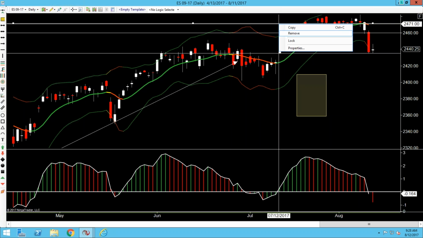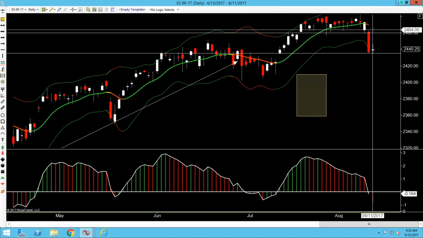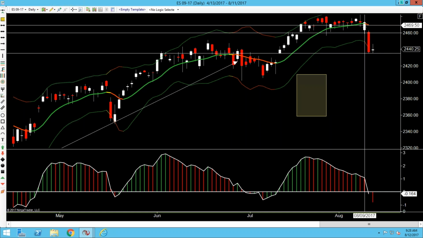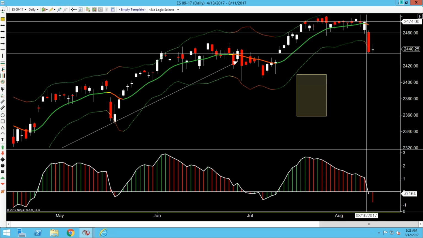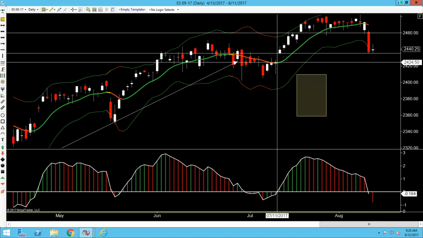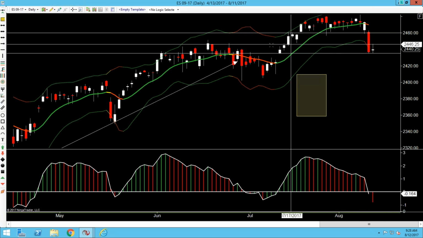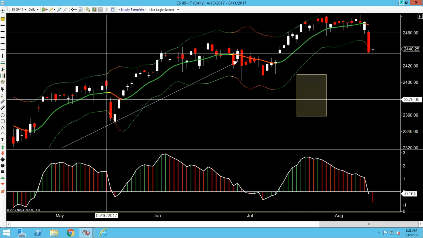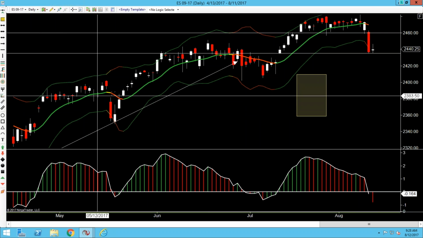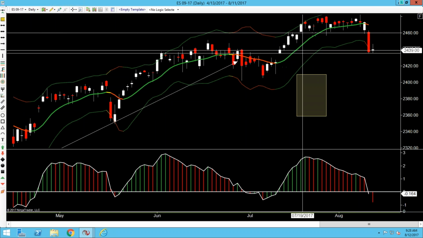First, I want you to notice that price on August 9th closed high at the midline level. Price always trades to this midline level in the ES, up or down.